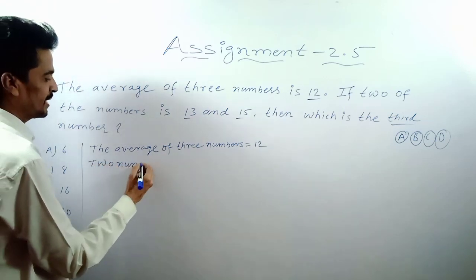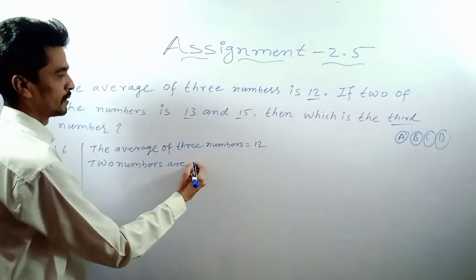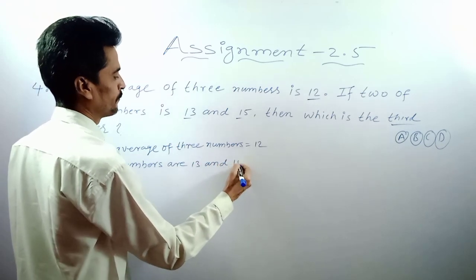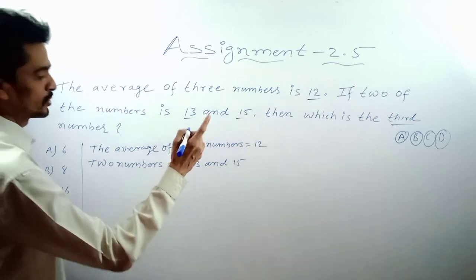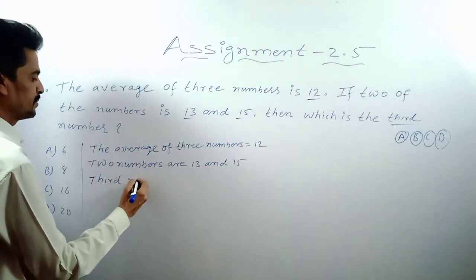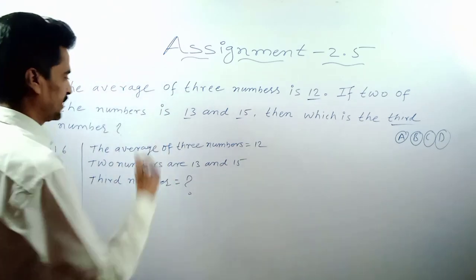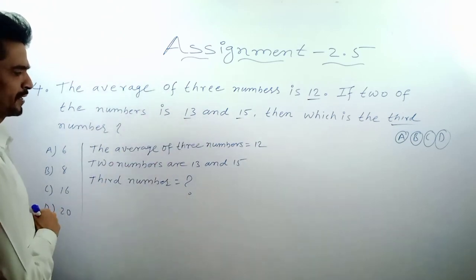Two numbers are 13 and 15. So what do we need to find out? The third number equals question mark. Average is given and two numbers are given.